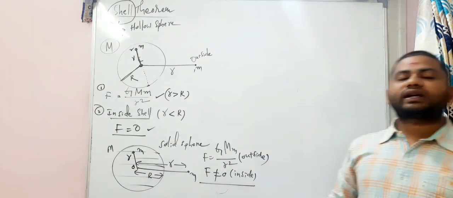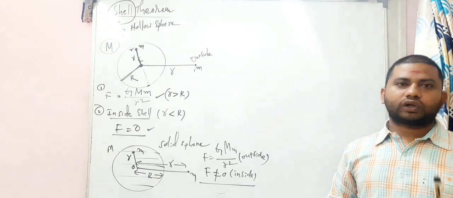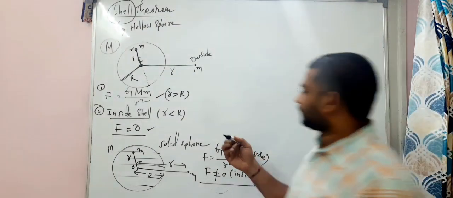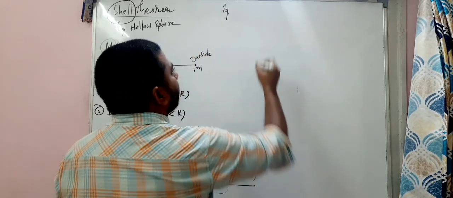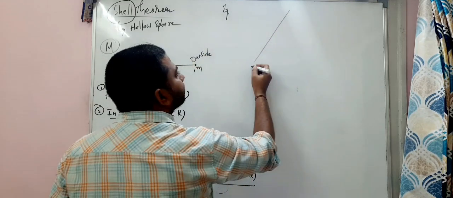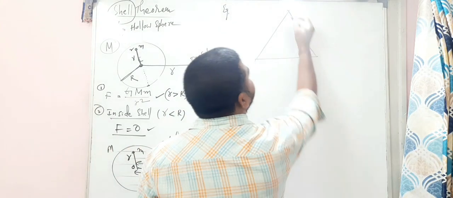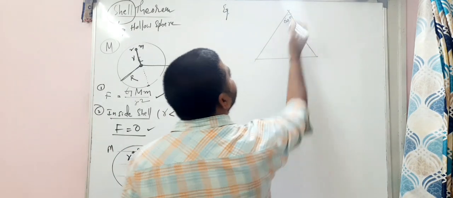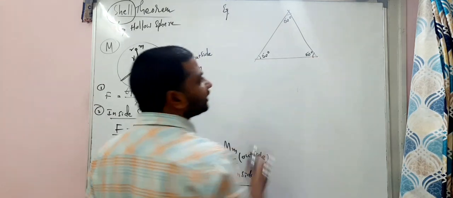Let's solve a few numericals related to the universal law of gravitation, right? Look at this example, my dear students. There is an equilateral triangle, and this is 60 degrees, this is 60 degrees, and this is also 60 degrees.